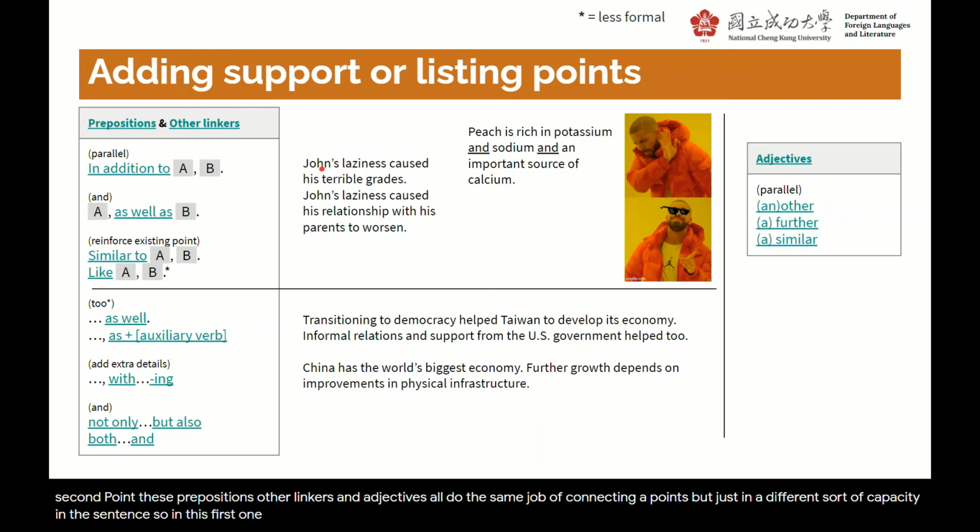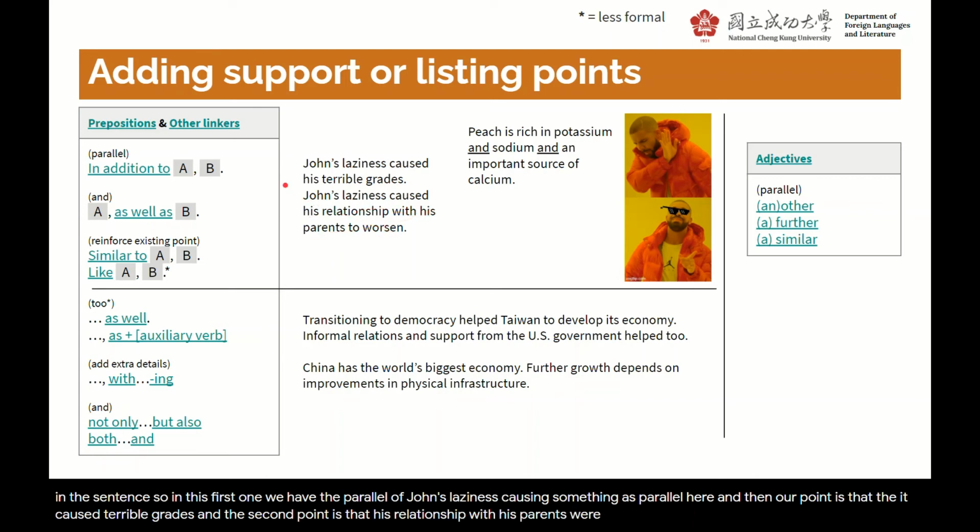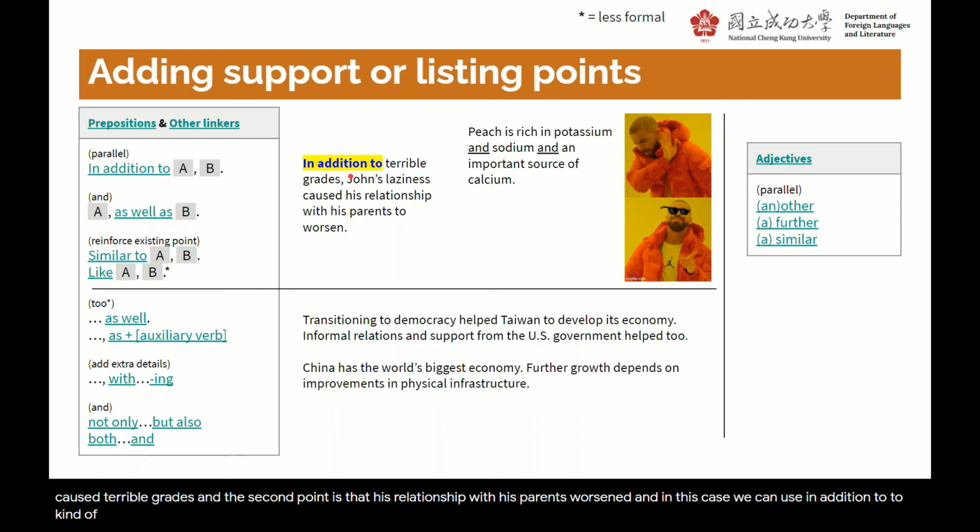So in this first one, we have the parallel of John's laziness causing something. Our first point is that it caused terrible grades, and the second point is that his relationship with his parents worsened. In this case, we can use "in addition" to make it a lot smoother and connect those two ideas to his laziness.